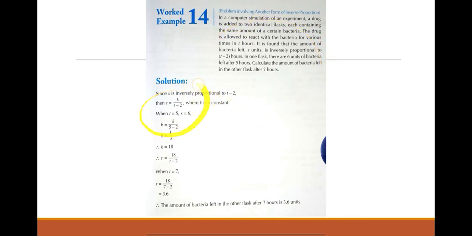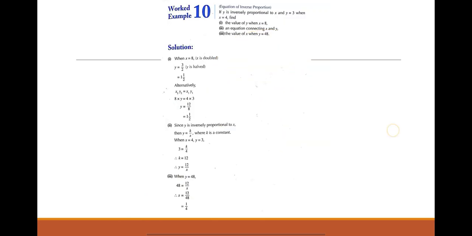So you form the equation first. The moment you have the equation in front of you, you can determine the next step easily. And then you just follow the same thing like we usually do. Form the equation, find the K, and put in one of the values to find another value that is asked by the question.